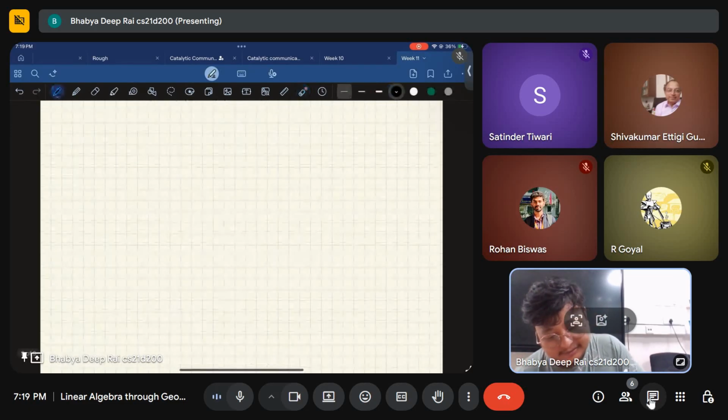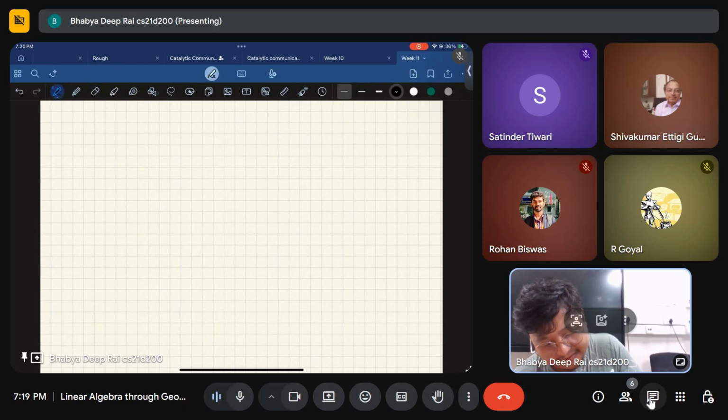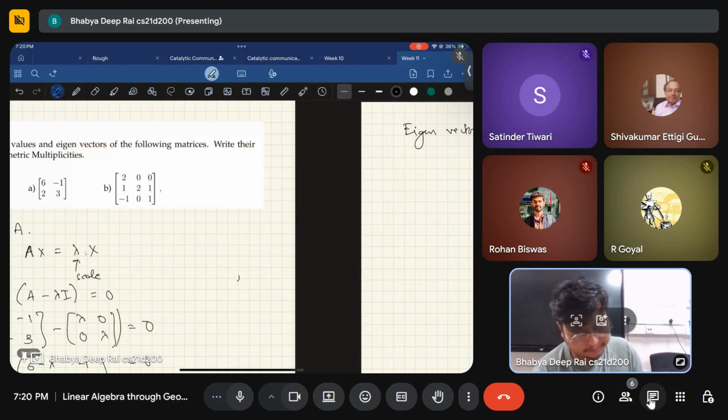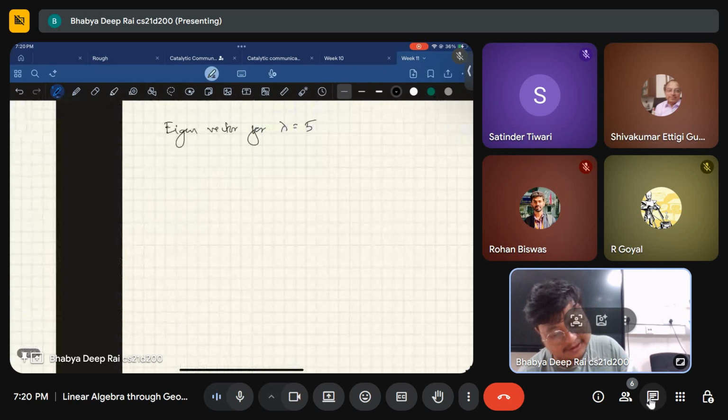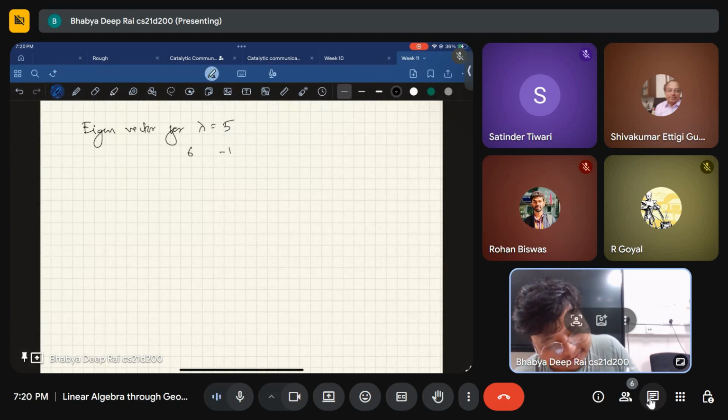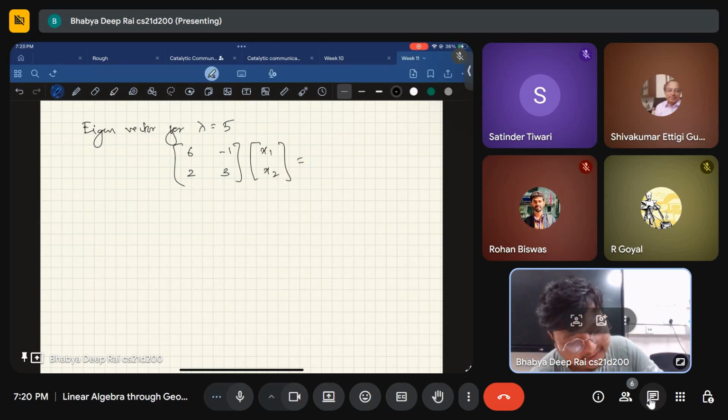Let's find the eigenvector for lambda equals 5. Lambda equals 5: the matrix with 6, minus 1, 2, 3 times x1, x2 is equal to 5 times x1, x2.